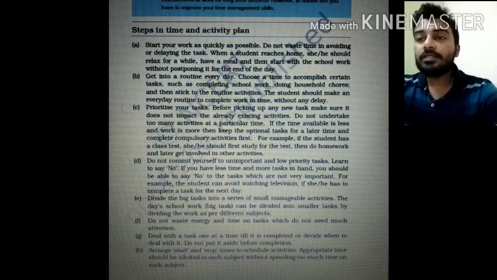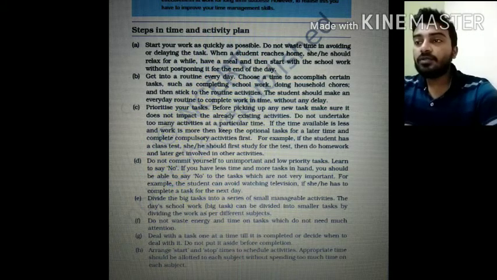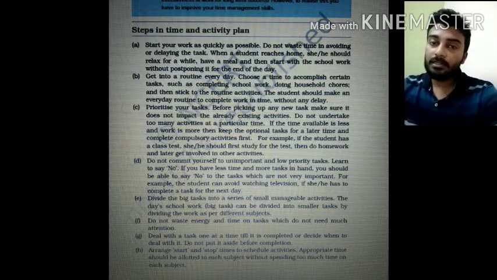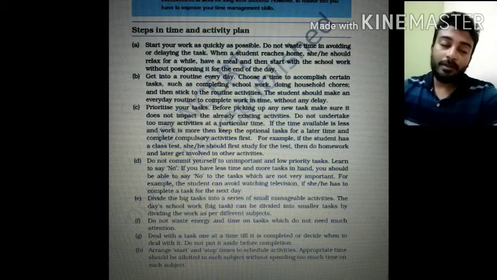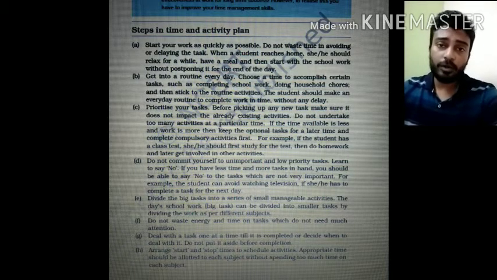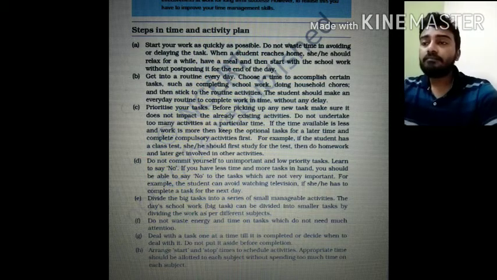Now get into a routine every day. Choose a time to accomplish certain tasks, such as completing homework and doing household chores, and then stick to routine activities. It is not that you are only involved in your school activities and homework. You have to manage your home also. There are certain works in your house which you should also be doing.